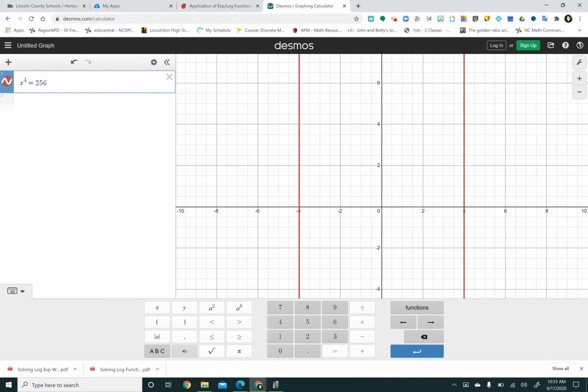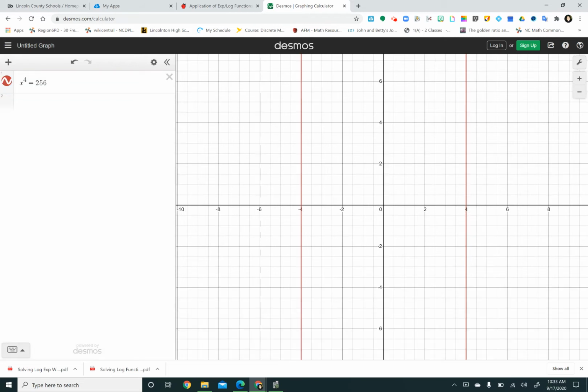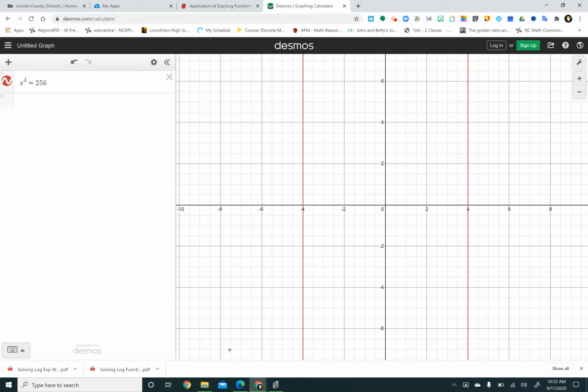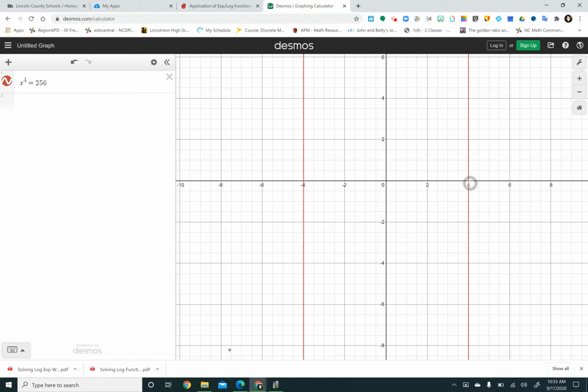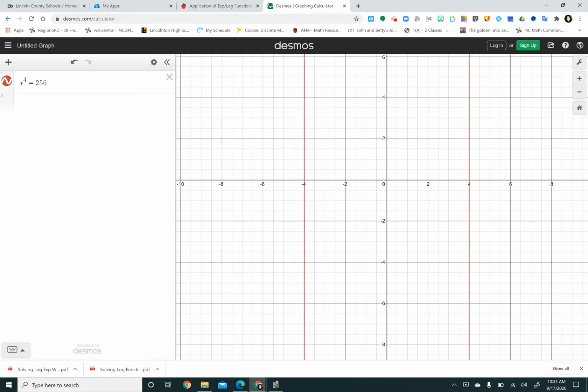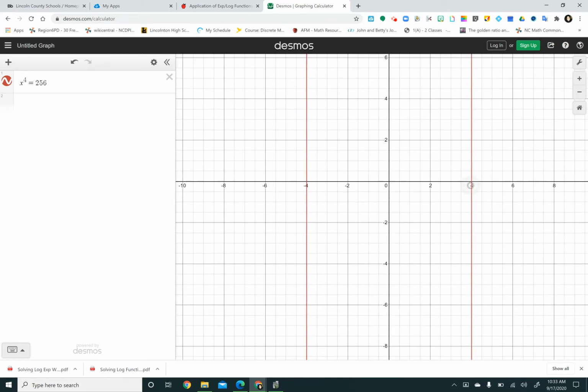And if we do it in one line, we would see where this graph is crossing the x-axis, which is right here.